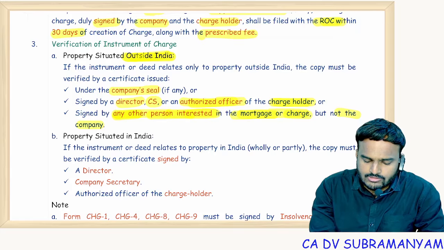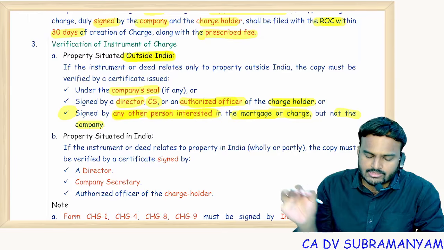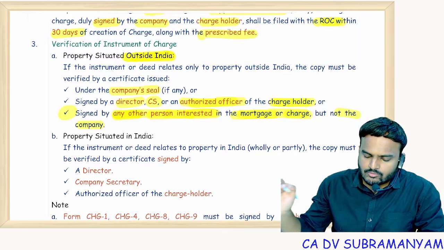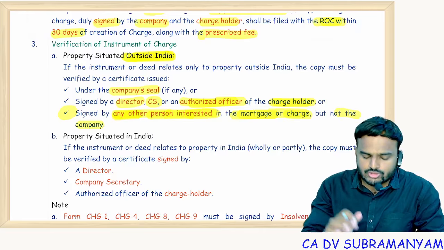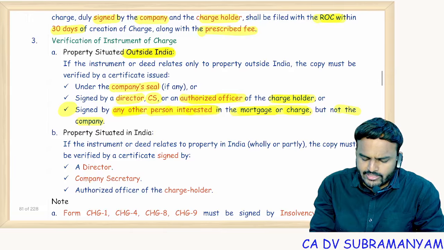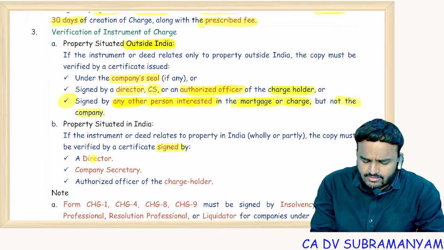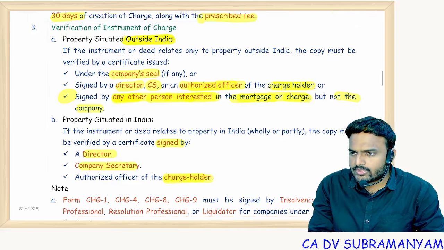Where the property is located outside India, simply to check the legality and validity of the documents, an external person located outside India having an interest in the charge or mortgage should verify the instrument of charge. If the property is located in India, it's enough if it is signed by a director, CS, or authorized officer of the charge holder.